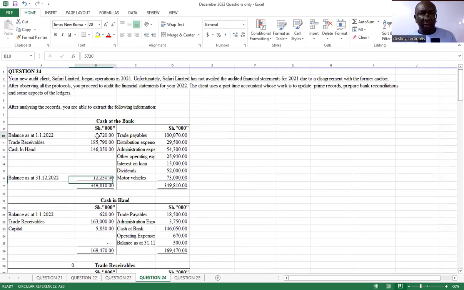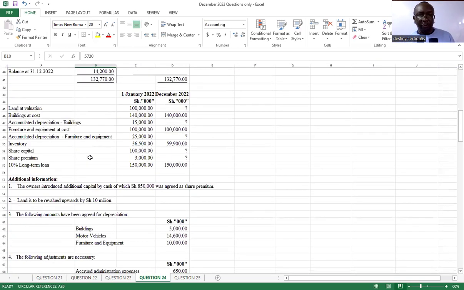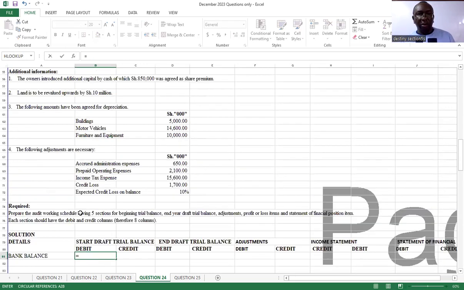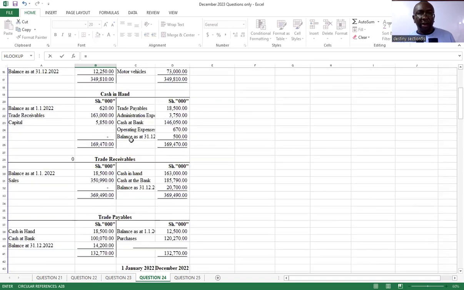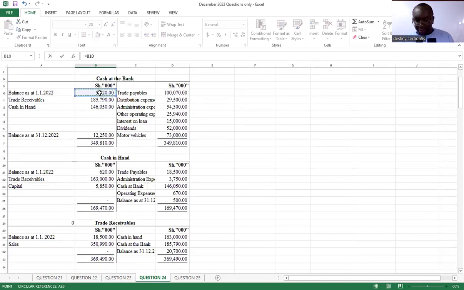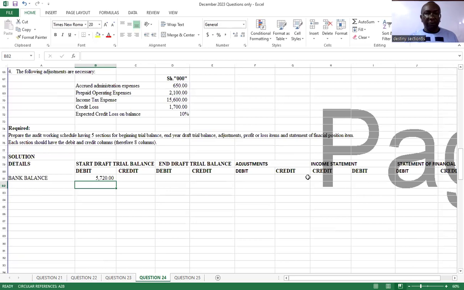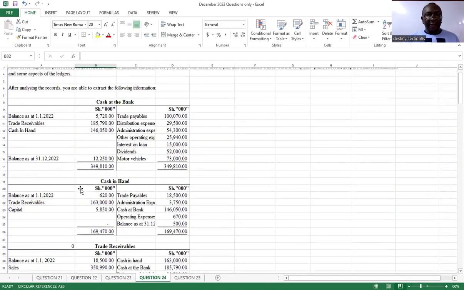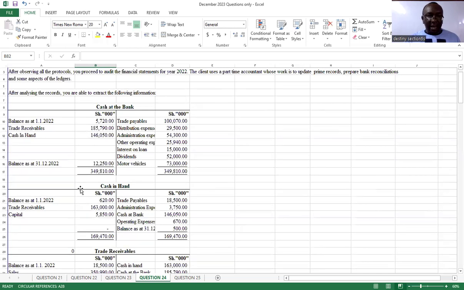This amount, yeah, we can pick. If we can pick, then we just bring it here. We say this is equal to this amount, so that we are able to show the examiner where we have gotten that from.